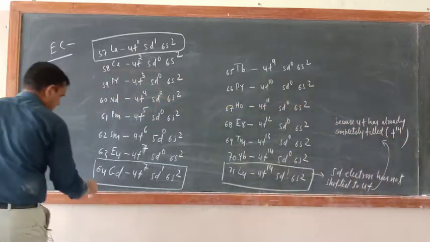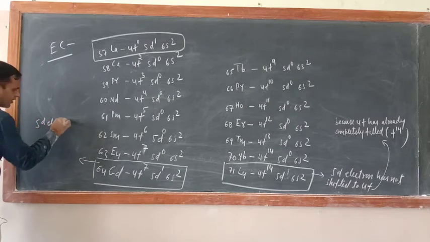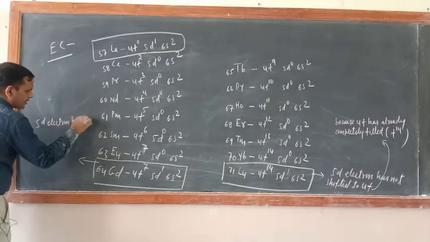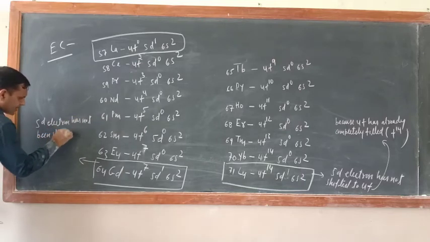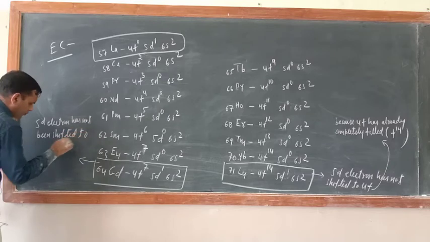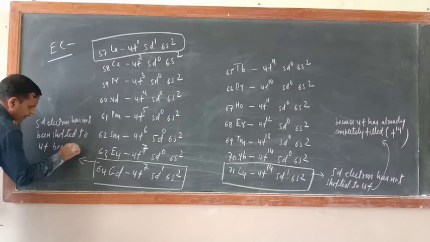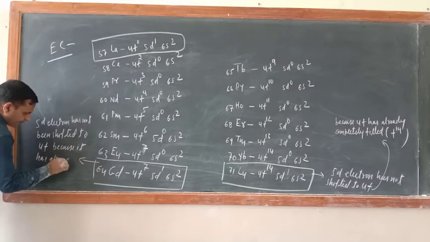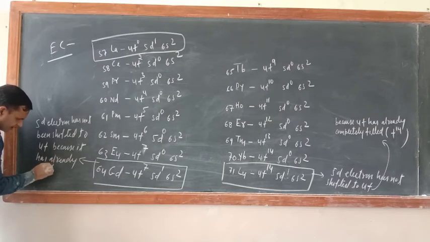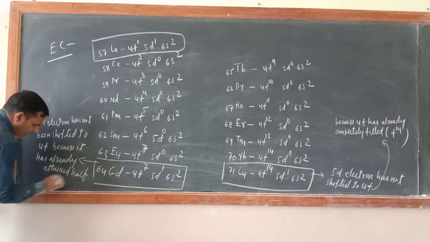Similarly here also, same thing: the 5d electron has not been shifted to 4f because it has already attained the half filled state.